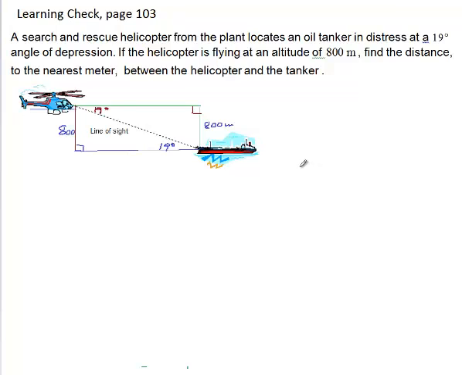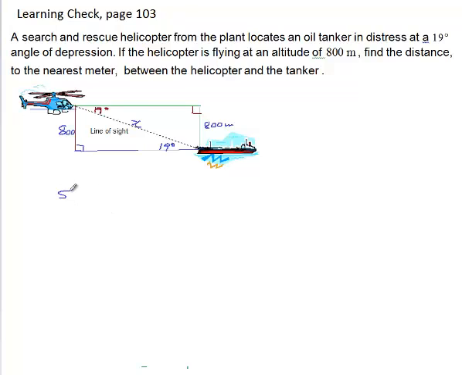Now the question is, you want to know how far the helicopter is from the oil tanker, and that's of course along the line of sight. So we're looking for the hypotenuse, aren't we? Let's call it x. Now again, you have to decide which one you are going to use. If I'm using this angle 19 degrees with this side which is opposite and this side here which is the hypotenuse, then you'll have no choice but to use the sine of the angle.